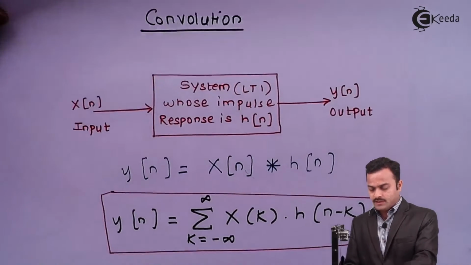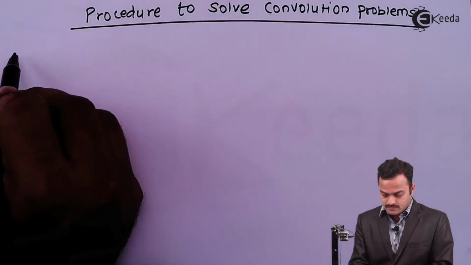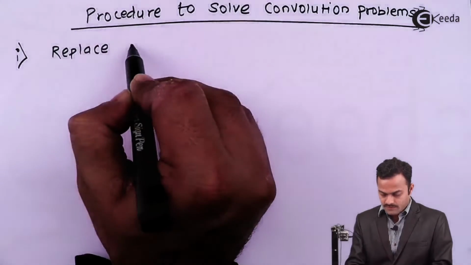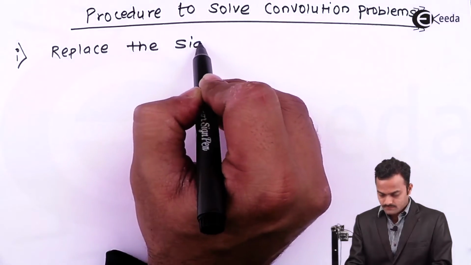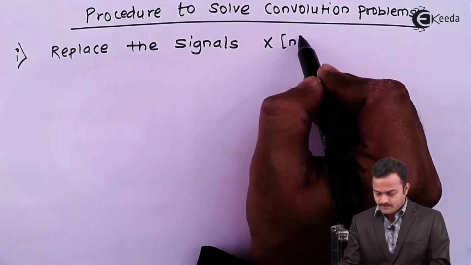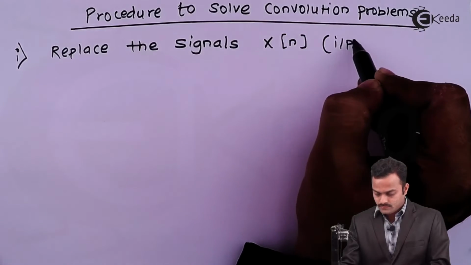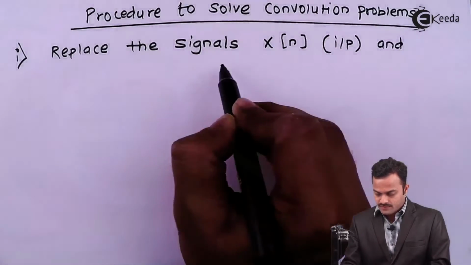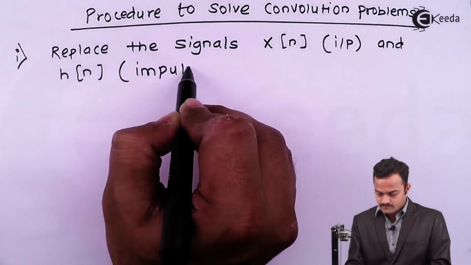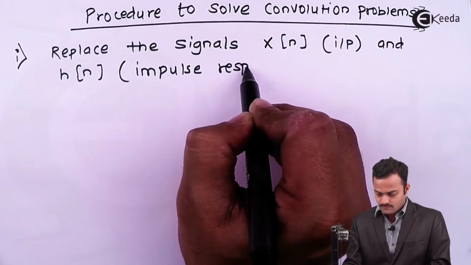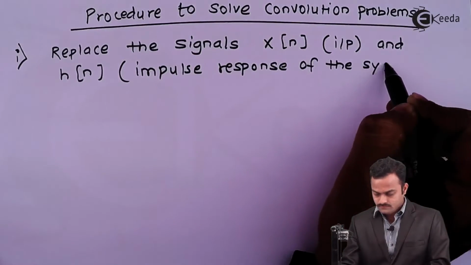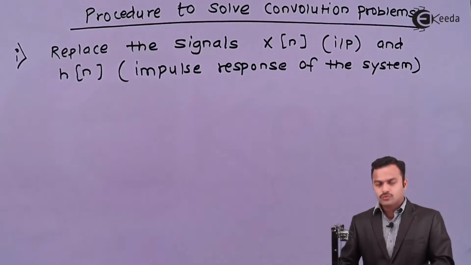So the first step in the procedure is to replace the signals which are x of n, which is the input, and h of n, which is the impulse response of the system. So these two things are always given.